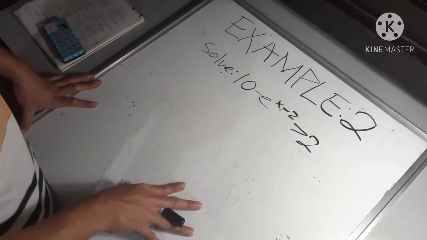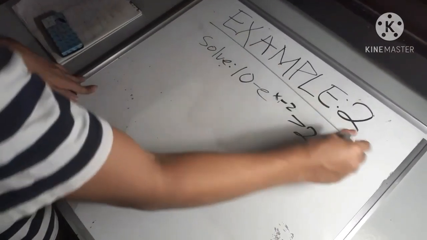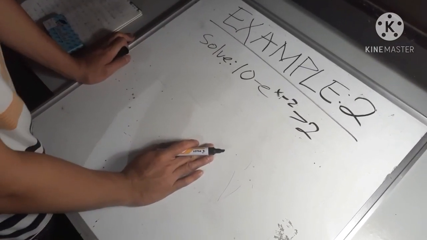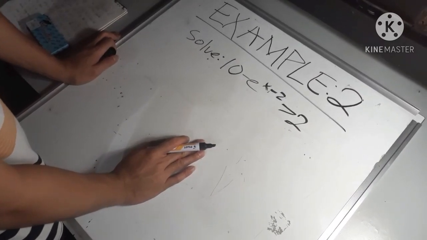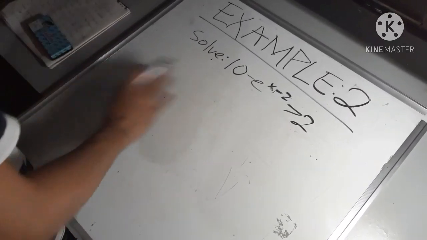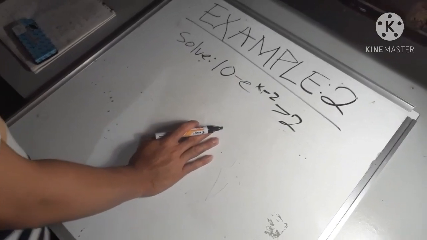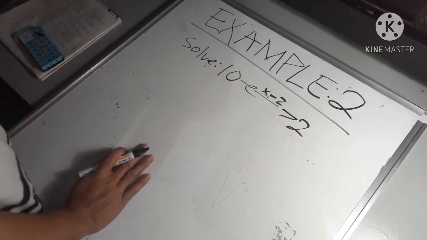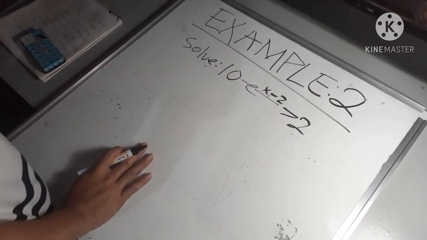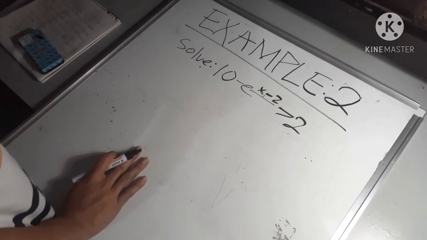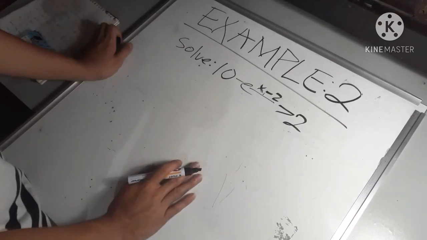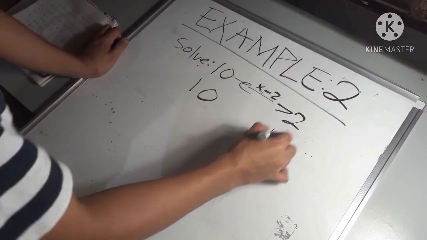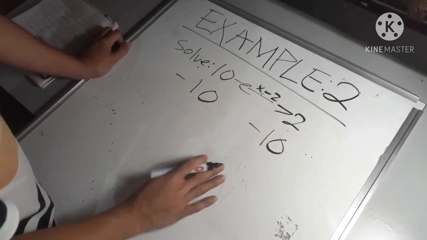Let us proceed to the second example. So we have here the inequality 10 minus e to the power of x minus 2 less than 2. So let us isolate the exponent itself. Let us get rid of the 10 by subtracting 10 from both sides.